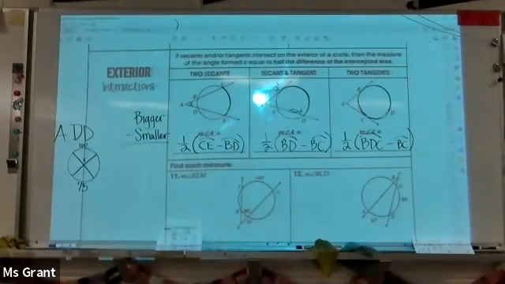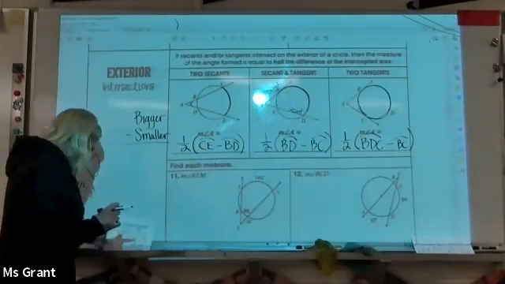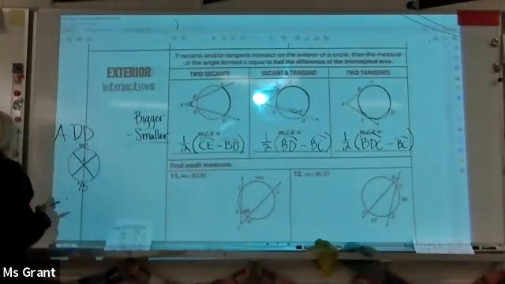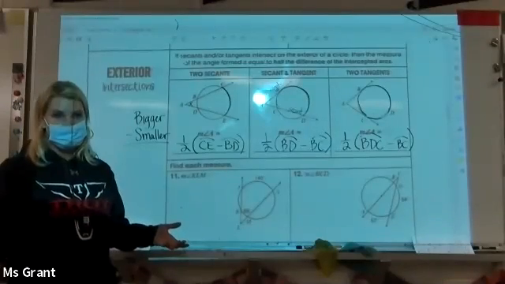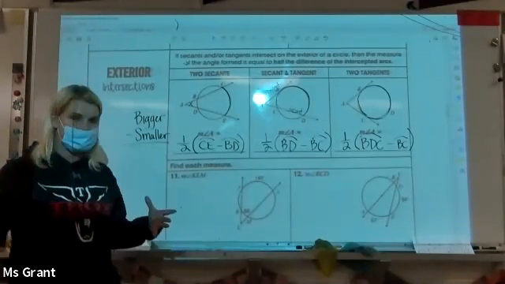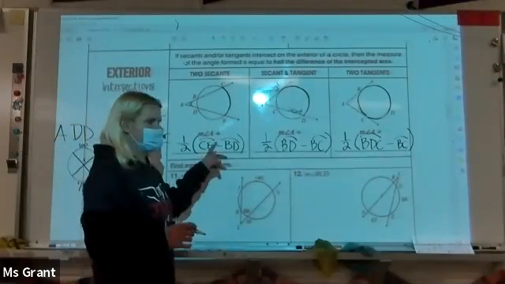The larger arc minus the smaller arc. That's all there is to it. You're going to need a calculator. We're going to do subtraction, then you're going to be cutting in half. You're never going to distribute the 1/2 sign.